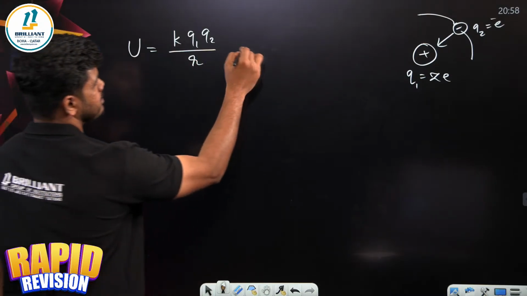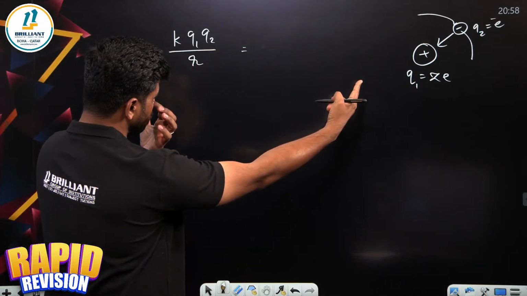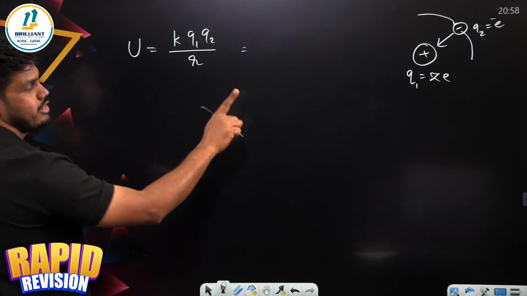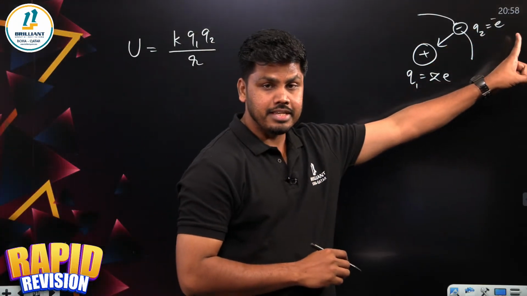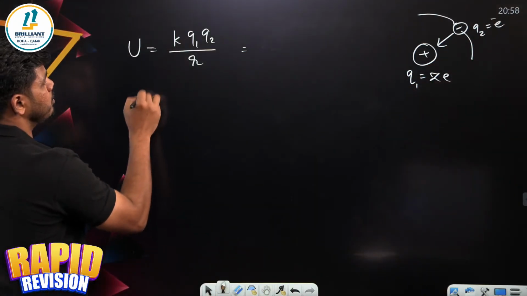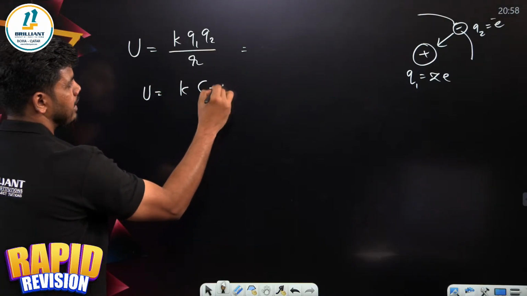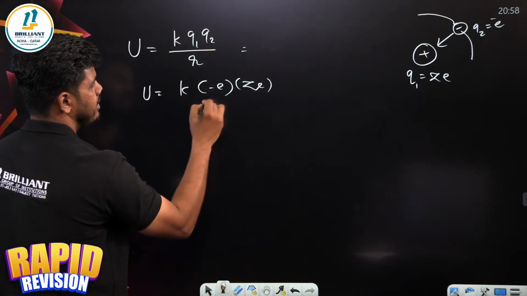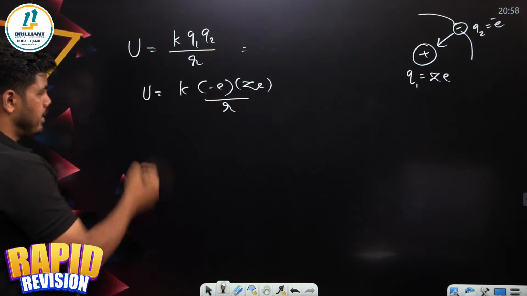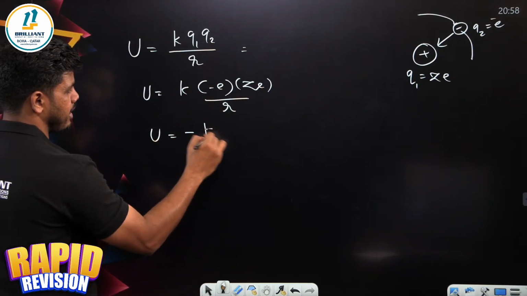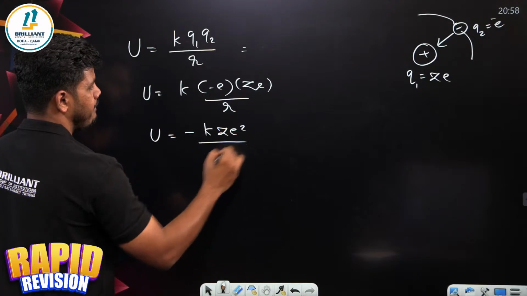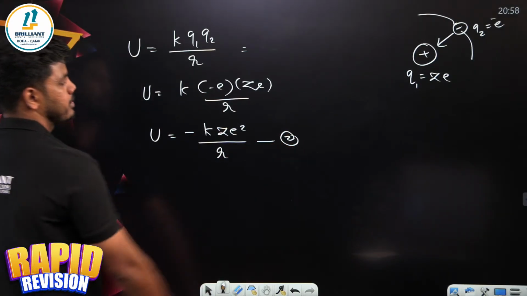Q1 is Ze, Q2 is minus e. Yes, U is equal to K into minus e Ze divided by r. And that equation is going to be minus K Ze square by r. Equation number 2.